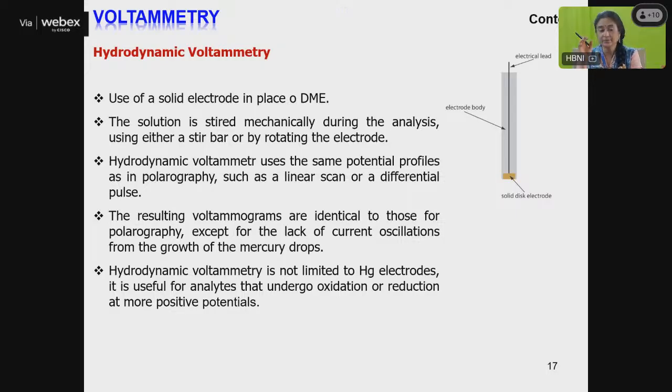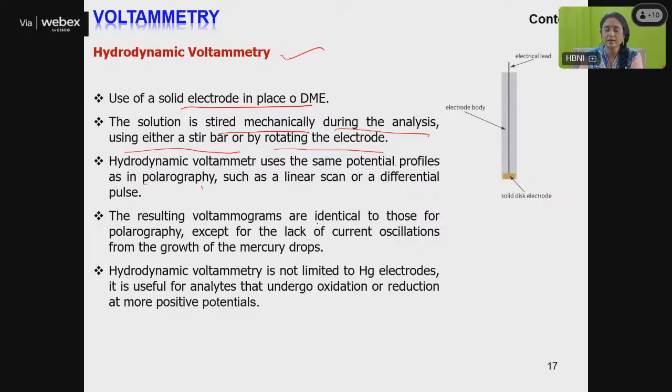Now, whenever we are using a metal electrode, it is hydrodynamic voltammetry: the use of a solid electrode in place of a dropping mercury electrode. The solution is stirred mechanically during the analysis, using either a stir bar or by rotating the electrode. Hydrodynamic voltammetry uses the same potential profile as in polarography, such as a linear scan or differential pulse.